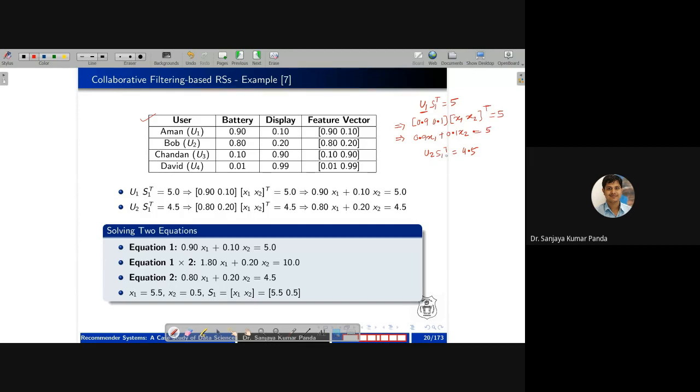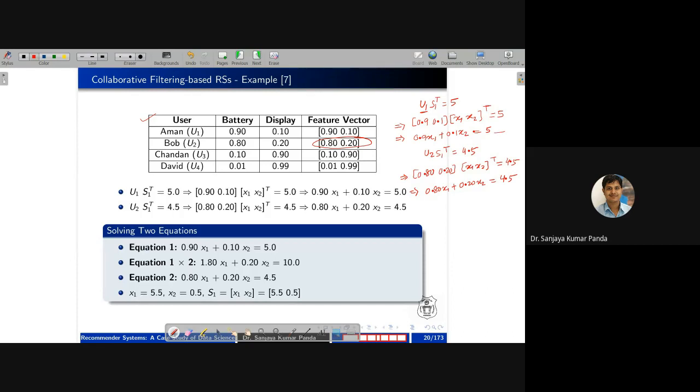Similarly, the feature vector for U2 is 0.80 and 0.20, so (0.80, 0.20) times (x1, x2) transpose is equal to 4.5. This gives 0.80 x1 plus 0.20 x2 equal to 4.5.